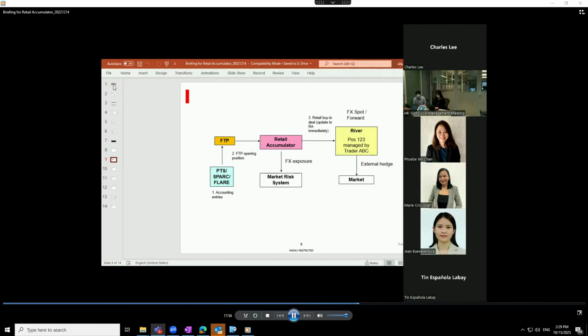After the FTP overnight running process, the opening position file will be sent to River, and River updates the designated retail accumulator folder. And then the flow is how the risk is transferred from RA to the trader portfolio.